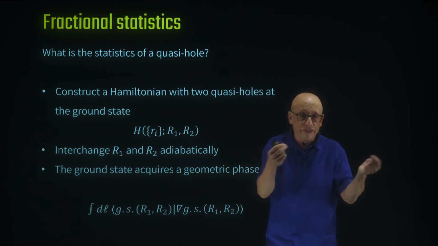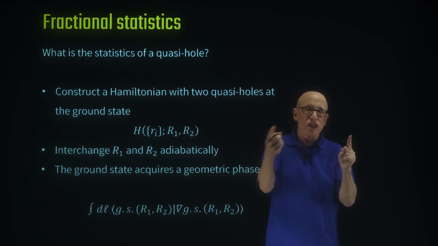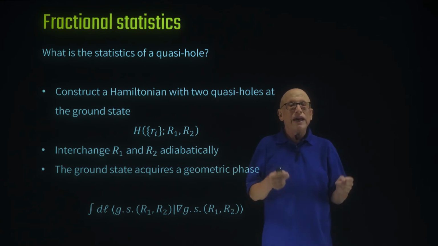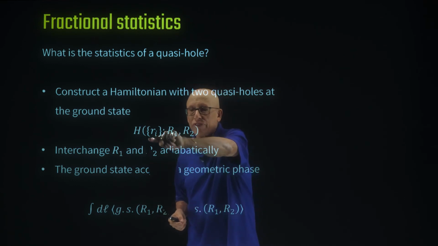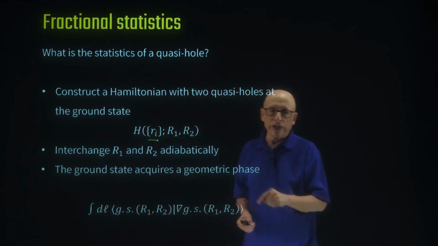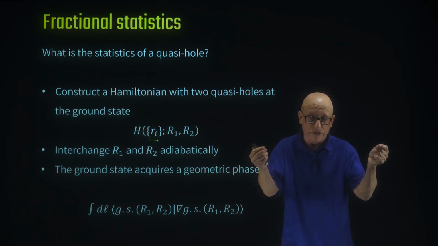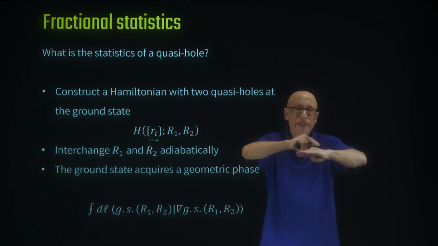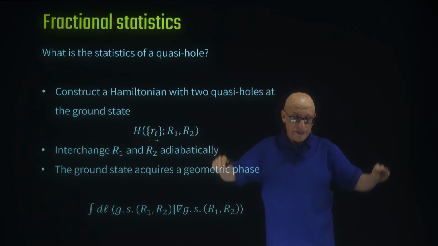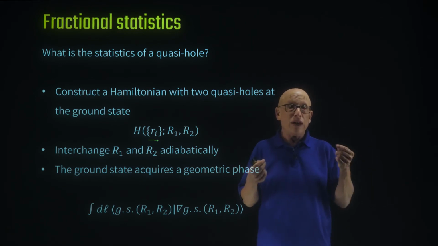And all this difference comes out of what happens to the wave function as you interchange two coordinates. Now here we have a wave function that's slightly different. The degrees of freedom in the problem, in the wave function and also in the Hamiltonian, are the electronic degrees of freedom. Now we insert into this system that's made of electrons, we install in it quasi-holes.